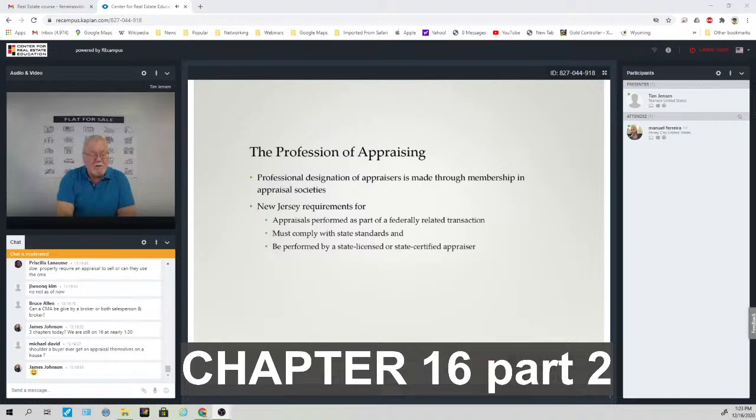So the process of an applicant to get an appraiser's license follows this. Number one, you have to apply to go to school to learn how to be an appraiser. So you have to go to school and pass a test, just like real estate.